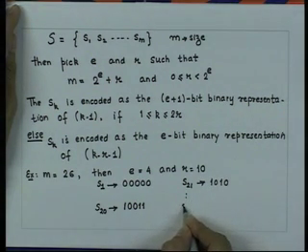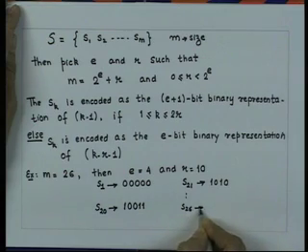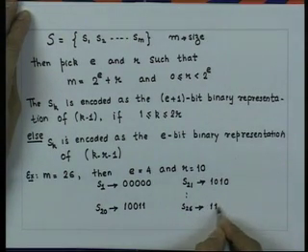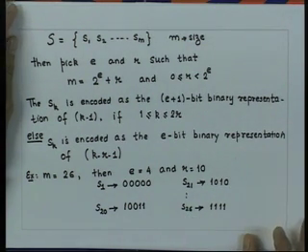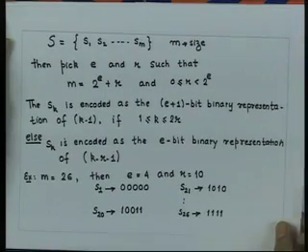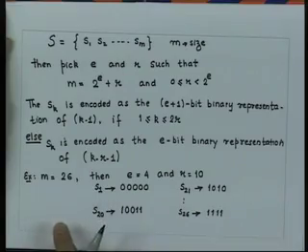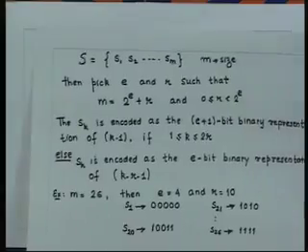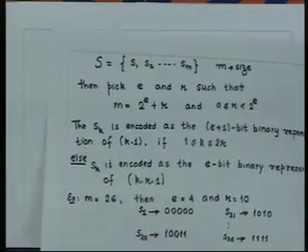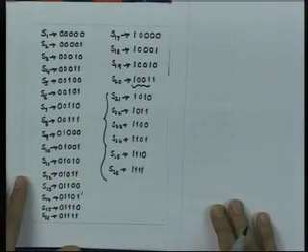Similarly, S26 would be encoded as the 4-bit binary representation of 15. Now, if we look at all the code words for this example from S1 to S26, it would be given as shown here.